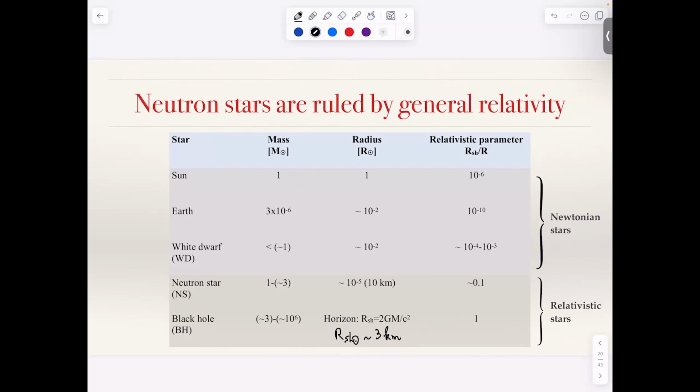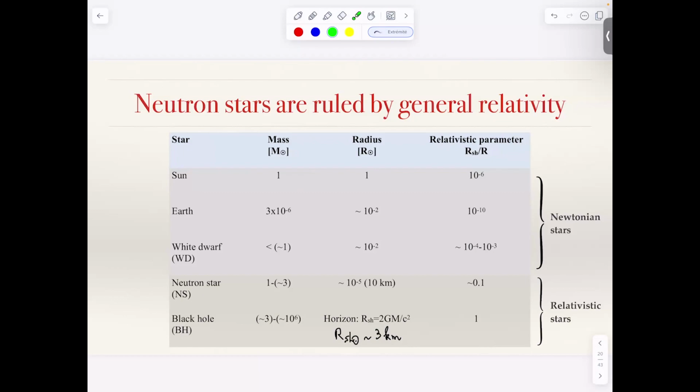You could also define what is called the relativistic parameter, which tells you about your proximity to the Schwarzschild radius. This is the ratio of the Schwarzschild radius divided by the actual radius of the star. For stars which are not ruled by general relativity, we expect that this ratio is very small.